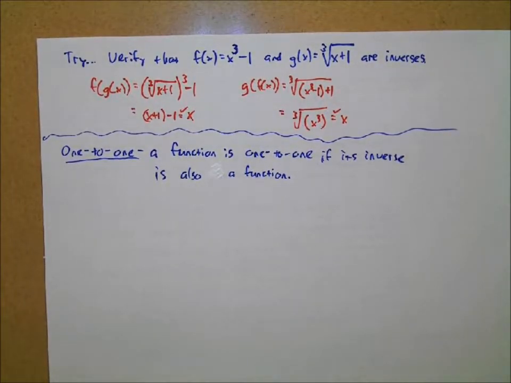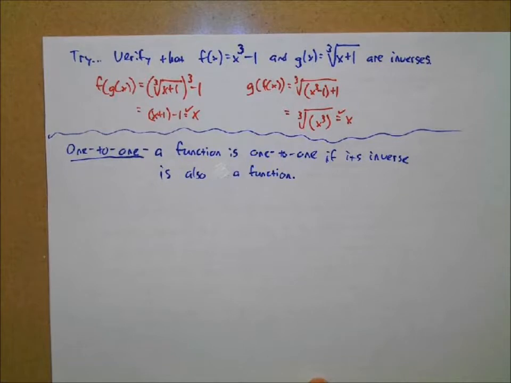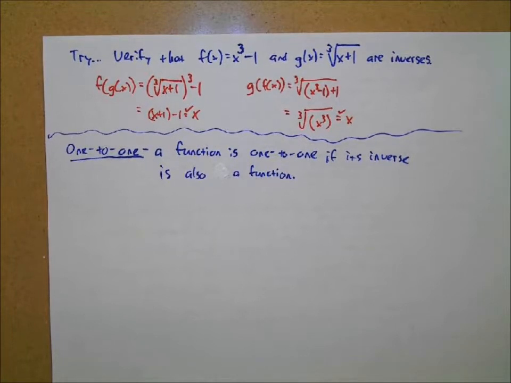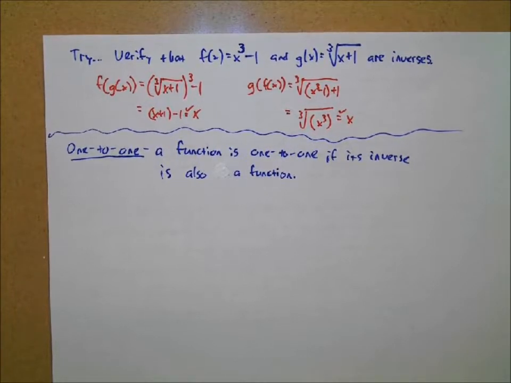So the meaning behind the phrase one-to-one, right? It's not super creative, but it is an intentional word for what we're describing here. When something is a function, that means each x goes to only one y value.